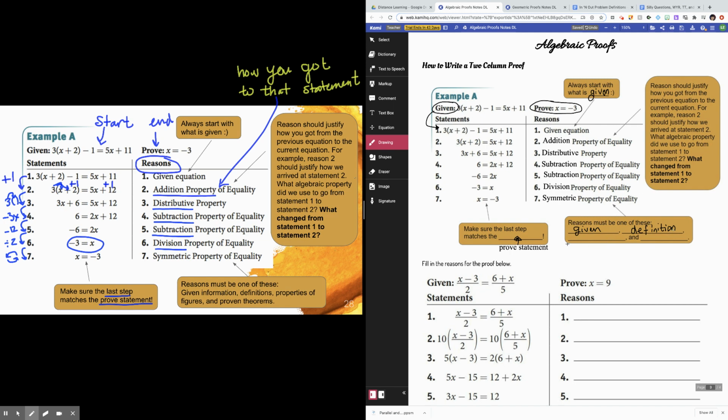It could be a property of a figure, or a rule that you know about certain figures or lines or angles, or other theorems or other rules that we've already proven. So proven theorems. So all your reasons will always be something like that.